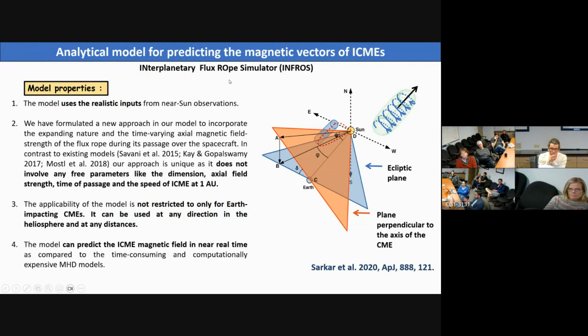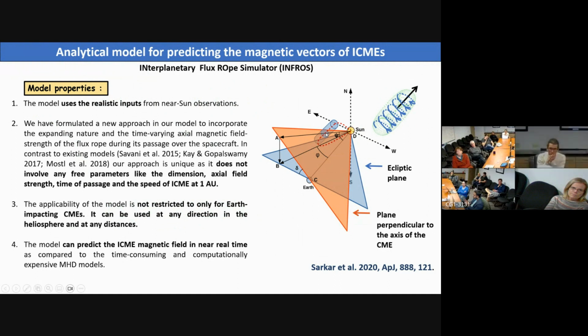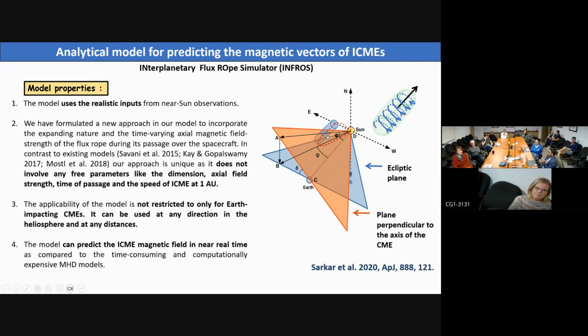It is an analytical model, again based on the assumptions of self-similar expansion: once you constrain the tilt and direction of propagation of the flux rope close to the sun, and you assume that no further deflection or rotation happens between sun and earth, you expand this structure using that constant aspect ratio that comes from the self-similar expansion.